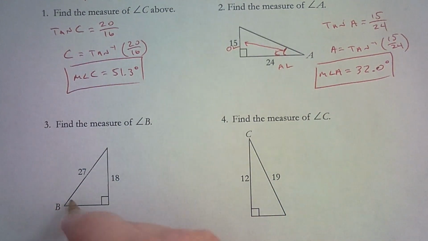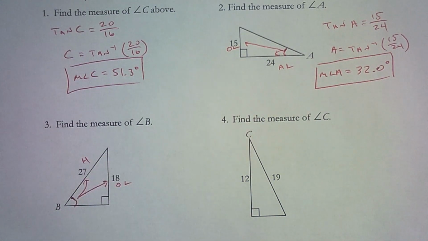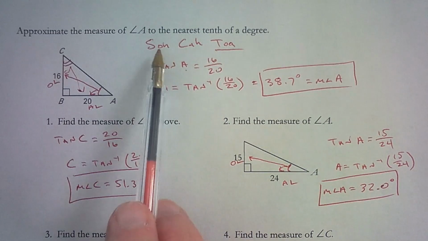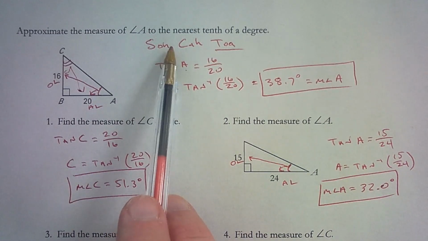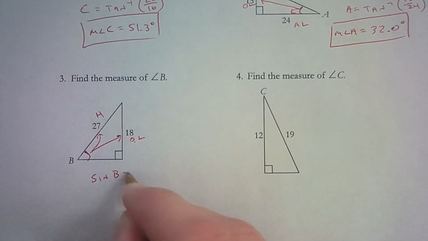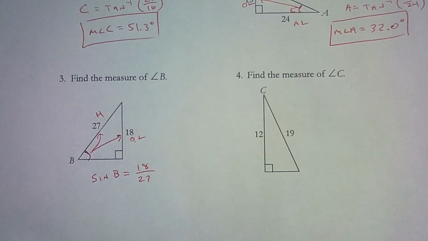All right, this time we're looking for the measure of angle B. So over here, this 18, that's the opposite leg, and this right here, that's the hypotenuse. It is across from the right angle. So we've got opposite leg and hypotenuse, and in our word SOHCAHTOA, opposite and hypotenuse is right here. So this time we're using sine. So we have sine B equals the opposite leg over the hypotenuse.